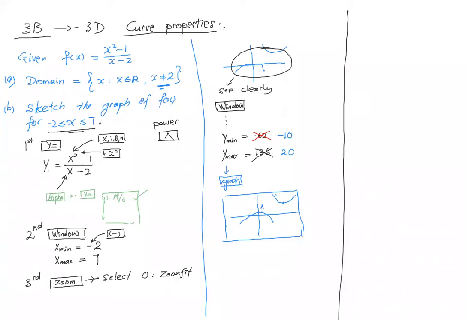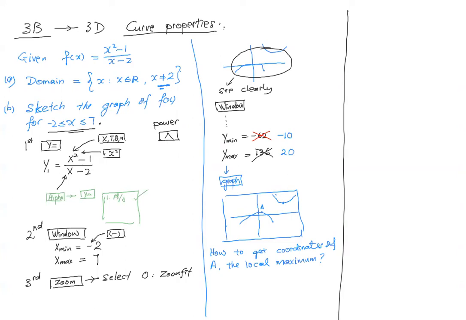Point A. So can you describe to me how to get the coordinate of point A? Hold on, I call someone. This is the local maximum. So how to get that point? Okay.